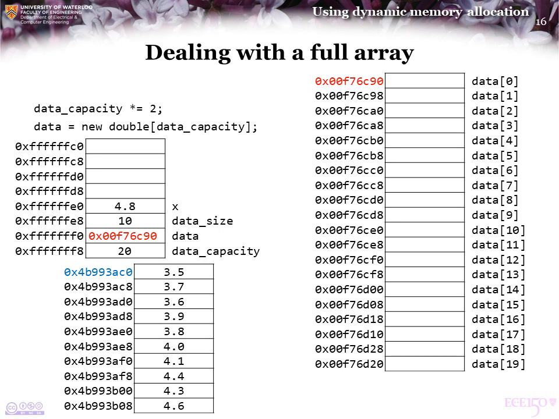Because right now, if I access data 0 through data 19, I am now going to access only the array that we just now allocated. In other words, we just ended up with a memory leak. We have the first array still allocated, but we have lost its address.